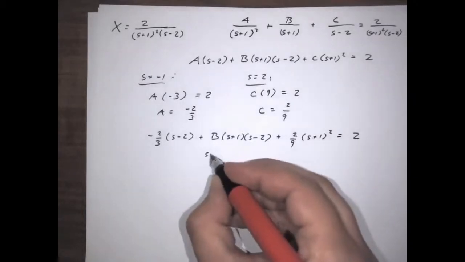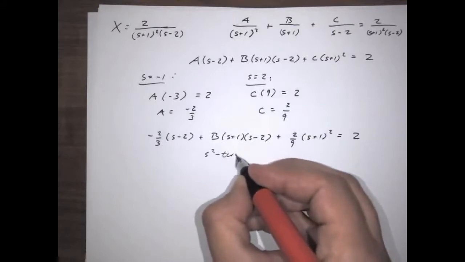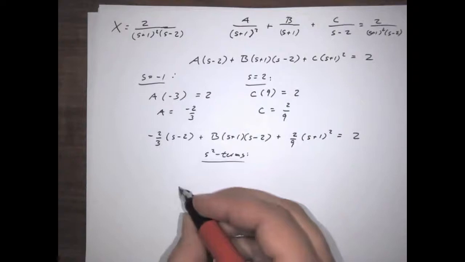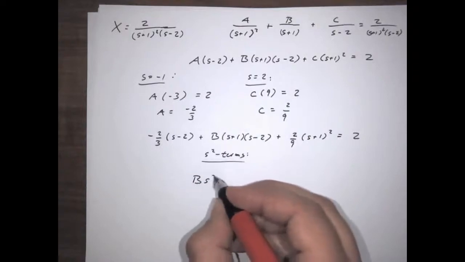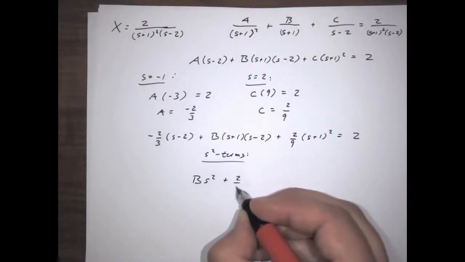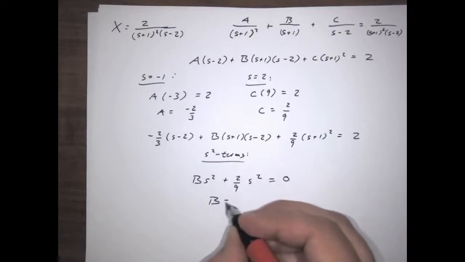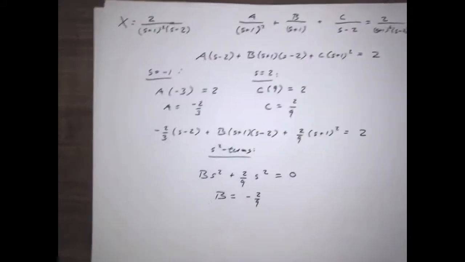So if I take the s squared terms, then there will be none over there. It's going to be B s squared plus 2/9 s squared equals 0. So B has to equal negative 2/9.